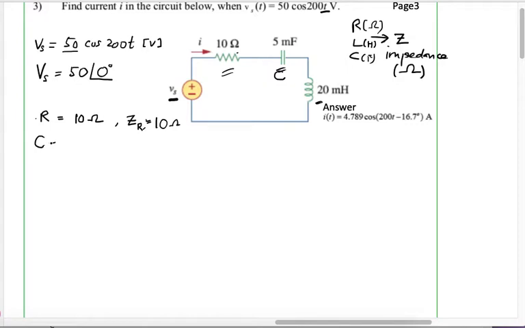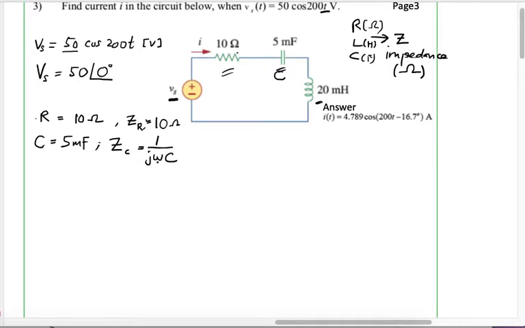So the capacitor value is 5 millifarad. Okay, 5 millifarad. And if you want to change to an impedance, I would like to do a subscript of C to represent capacitor. You're gonna do some calculation here. And how do you change from C to Z? You're going to take that C value and put it into this equation here, j omega C. What is omega?